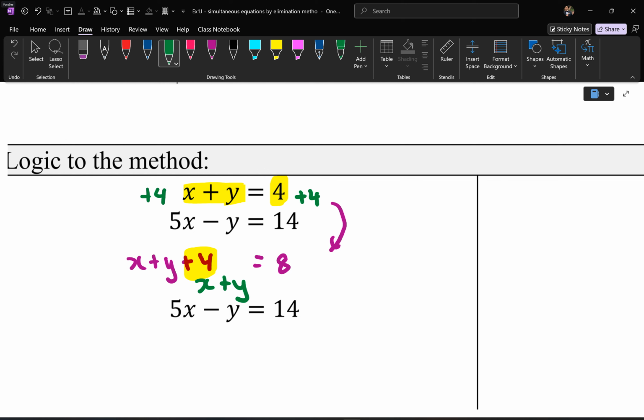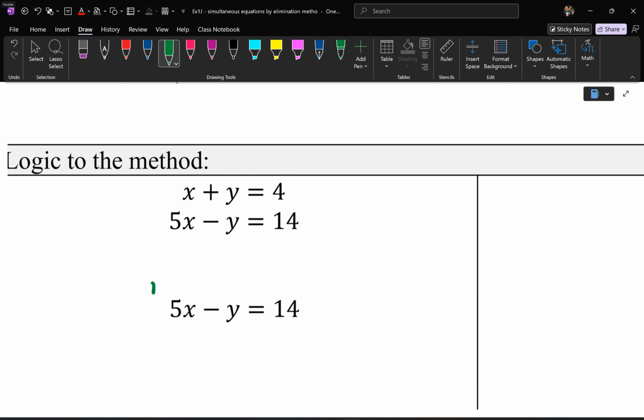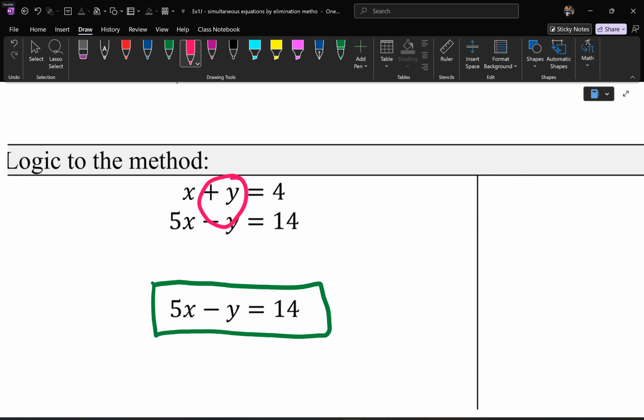And this is the beauty part, because you said before you knew if I did plus a y to it, the y and the negative y will cancel out. So why don't I just say, in this scenario, this is my equation 2. I want these two to add. Where does this come from? This comes from adding 4.